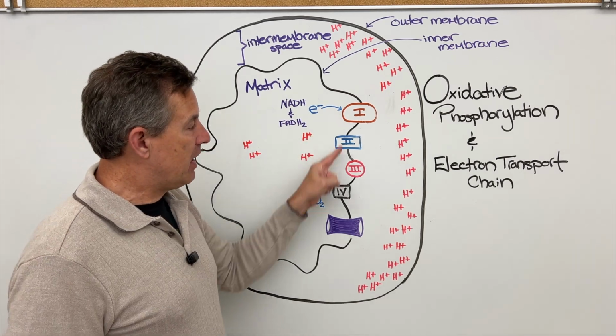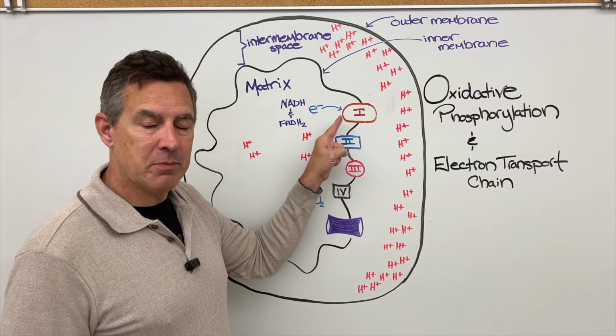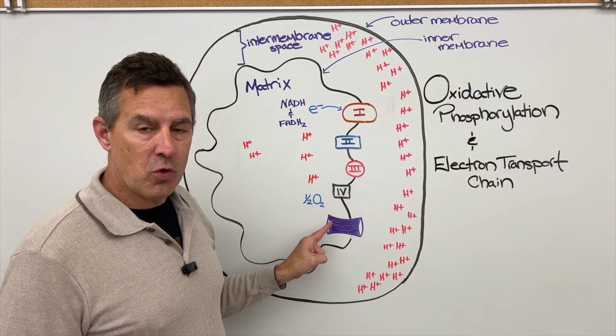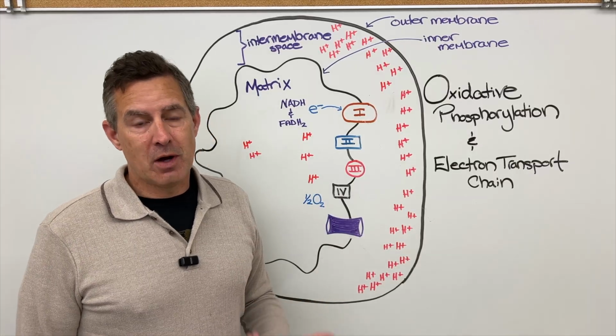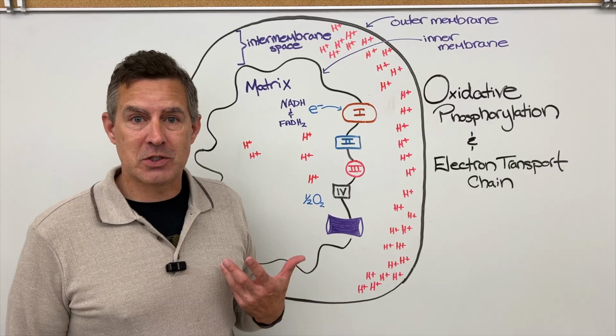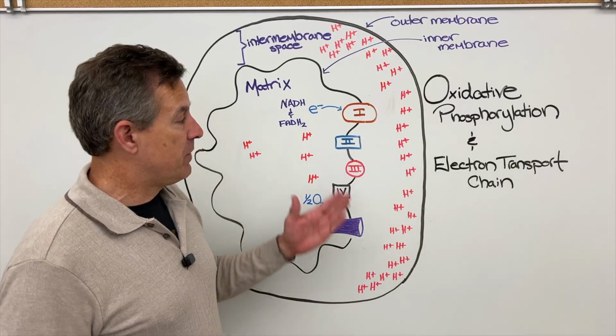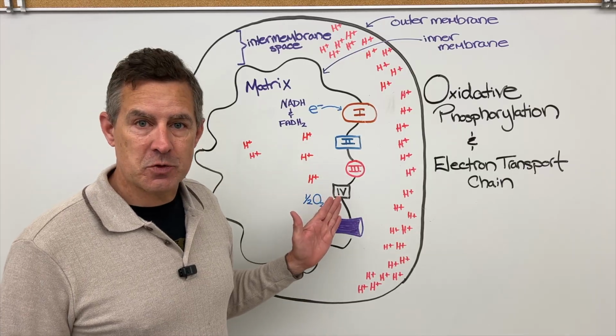Additionally, we have a number of proteins right here that I have labeled 1, 2, 3, and 4. These are complexes known as complex 1, complex 2, complex 3, and complex 4. And these are what make up the electron transport chain.